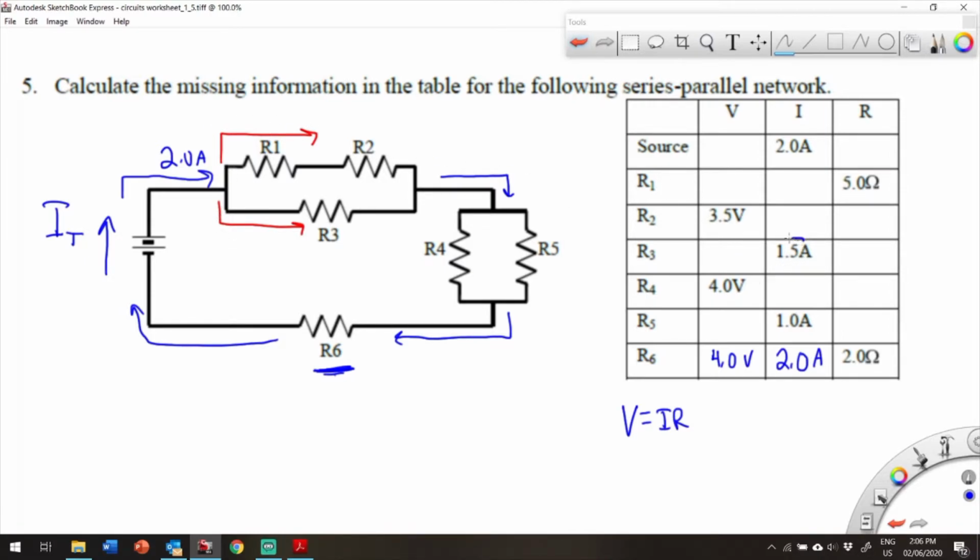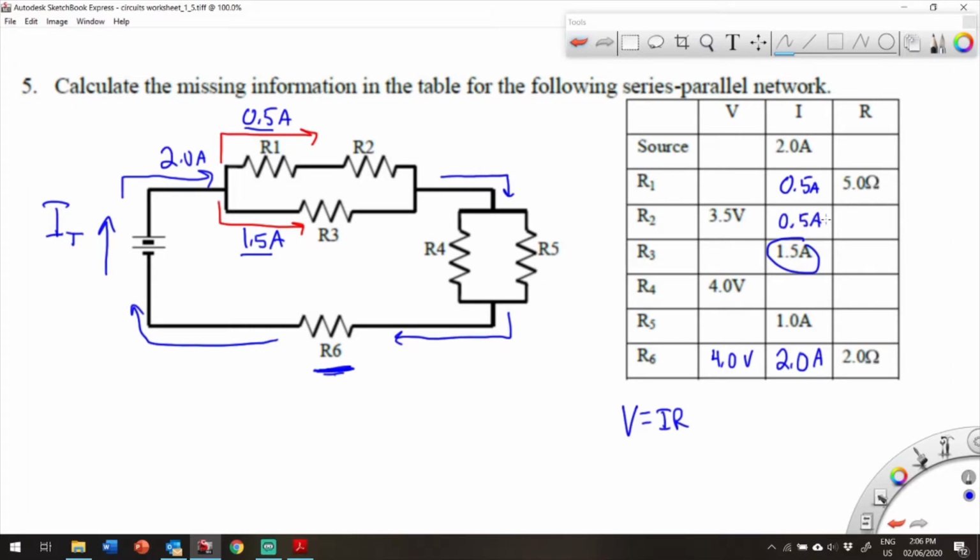We were given that R3 has a current of 1.5 amps going through it, so I'll write 1.5 amps here, which means the current in this path must be 0.5 amps, because 0.5 plus 1.5 gets me the 2 amps that was going in. So R1 has a current of 0.5 amps, and R2 has a current of 0.5 amps.